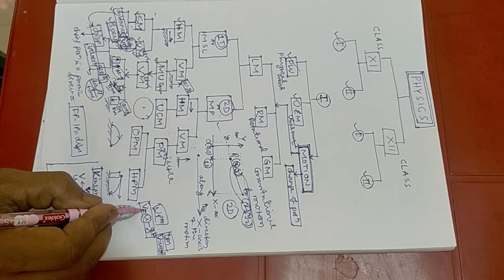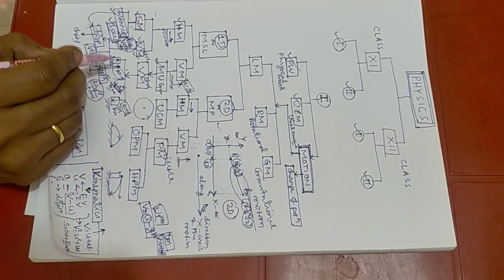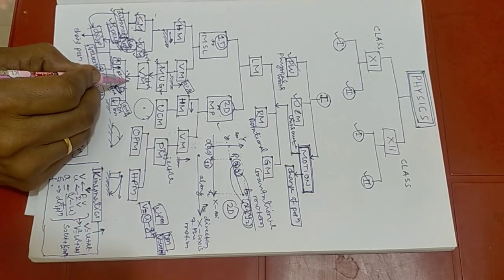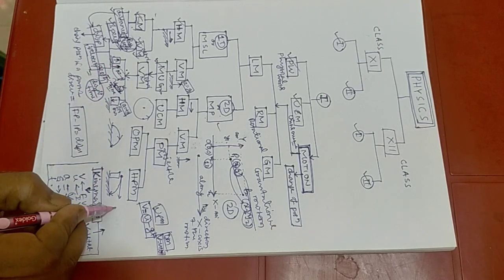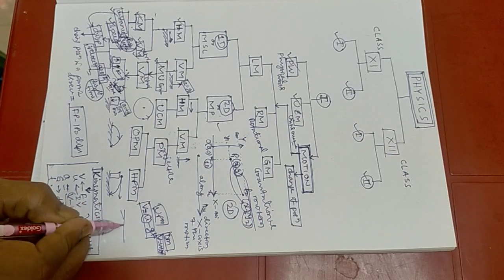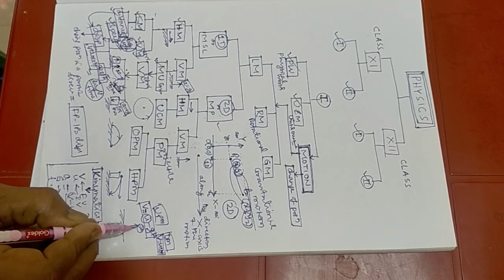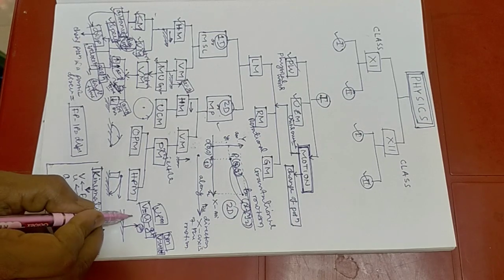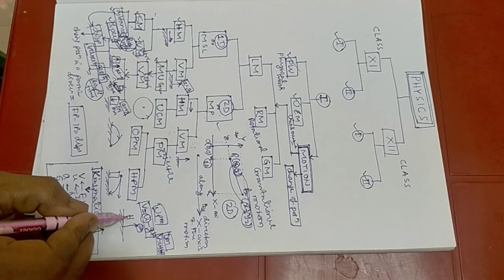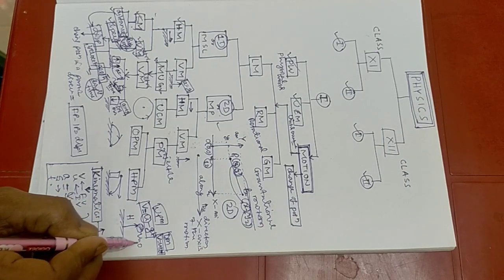If it is thrown upward with a certain initial velocity u, the velocity keeps on changing, and finally it reaches a certain height where velocity becomes zero. That is the maximum height it reaches. That indicates that at maximum height v becomes 0.